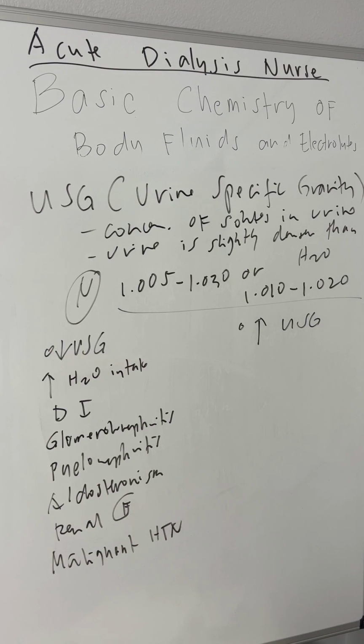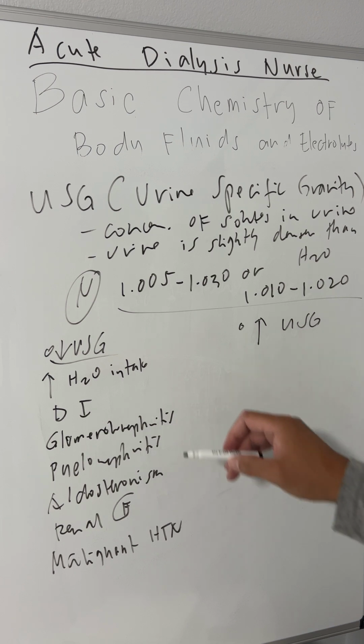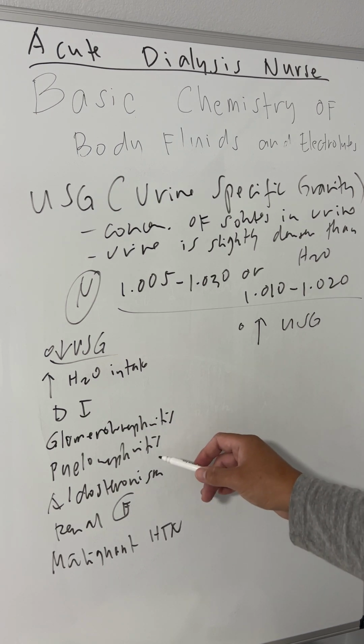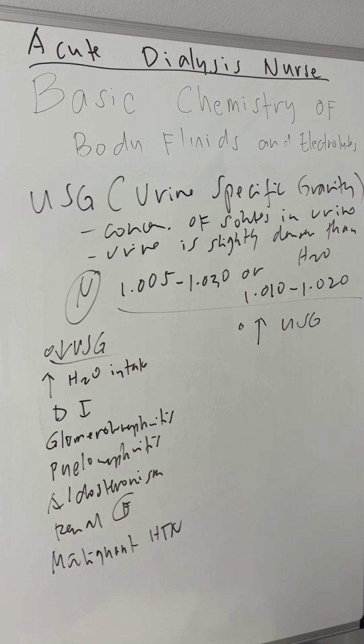There you go. Low USG, low urine specific gravity, may be due to high water intake, diabetes insipidus, glomerulonephritis, pyelonephritis, aldosteronism, renal failure, or malignant hypertension.